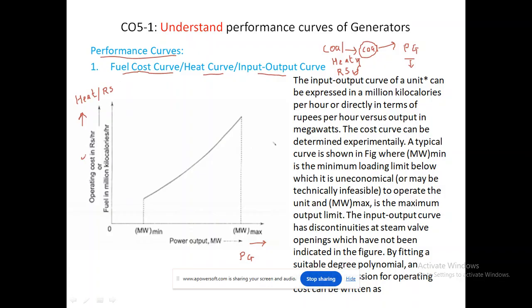If you take it in rupees, it is called the fuel cost curve, and if you take the y-axis in terms of heat in kilocalorie per hour, then it is called the heat curve. Altogether, it is called the input output curve.